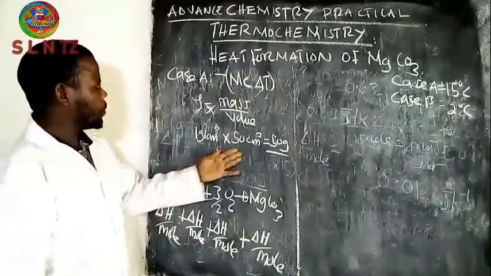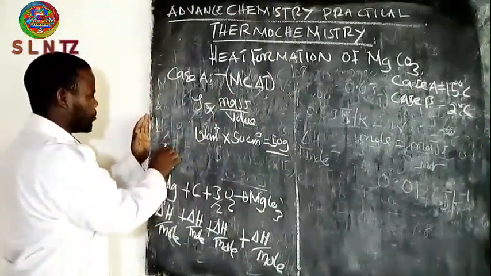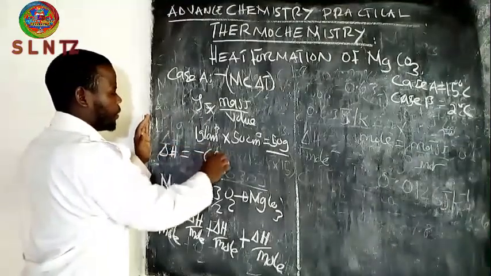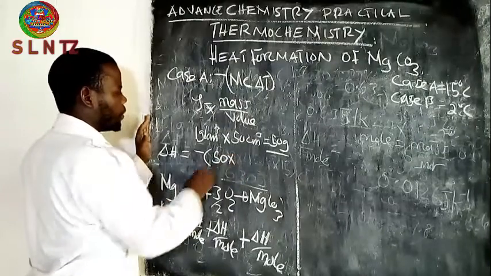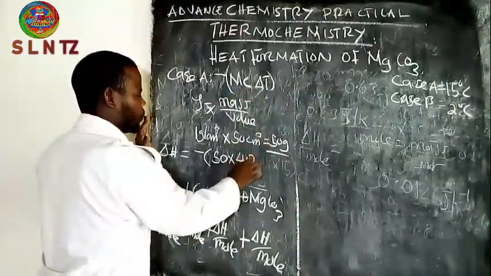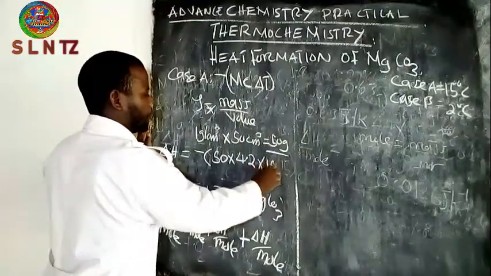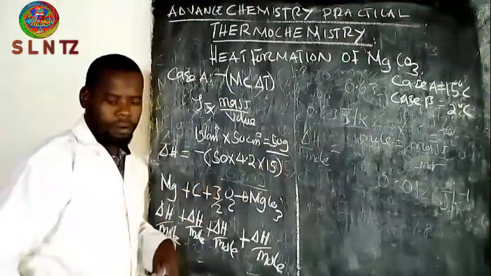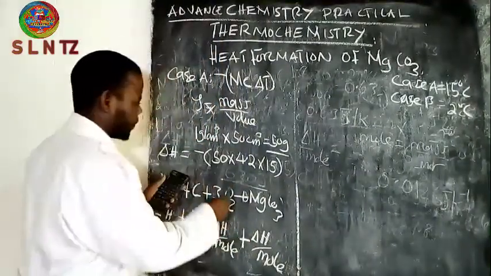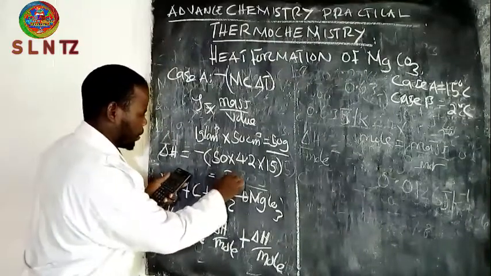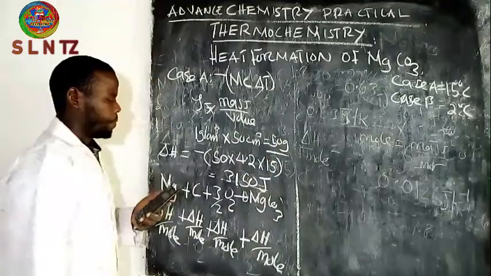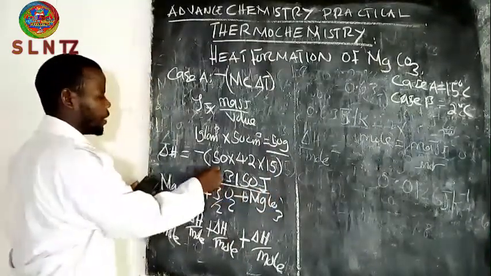Then we use it in our formula. So heat change will be negative 50 times capacity of water 4.2 times 15. When we multiply, the answer will be 3150 joule, negative.